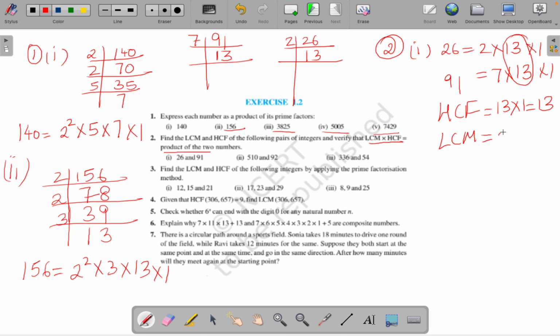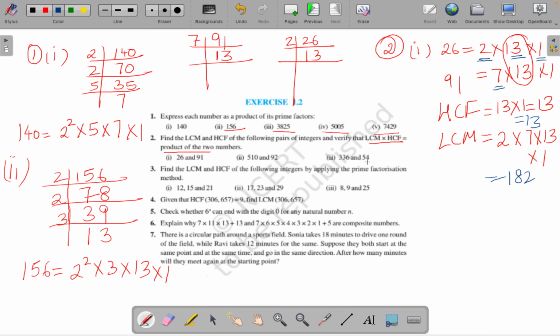Let's write down. So 2 into 7 into 13 into 1. You have to write each and every distinct factor, right? So 2, 7, 13, 1, so that is your LCM. If you multiply, you will get this as 182. The HCF is 13.